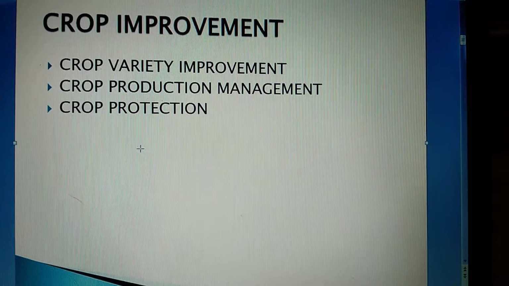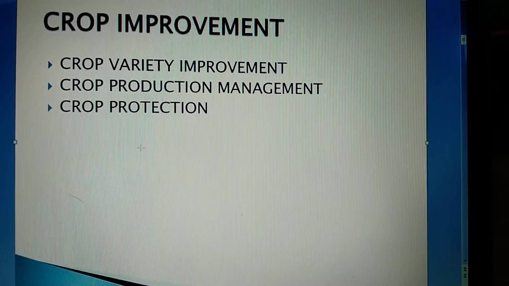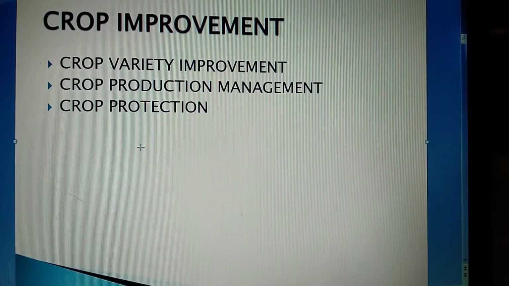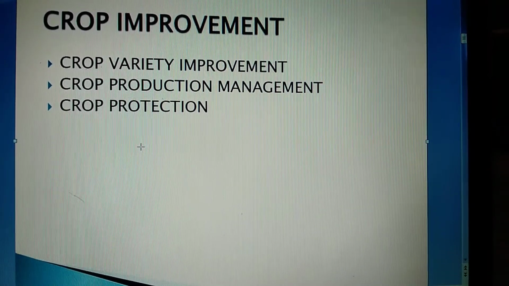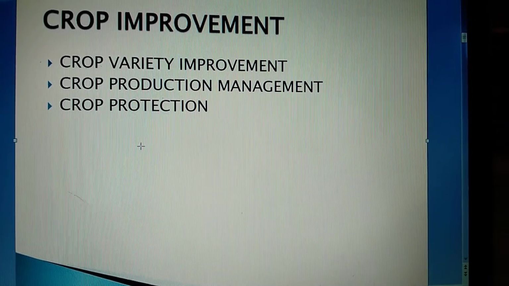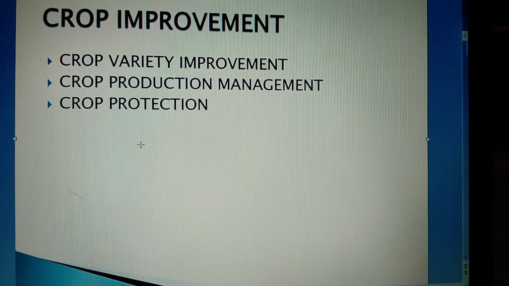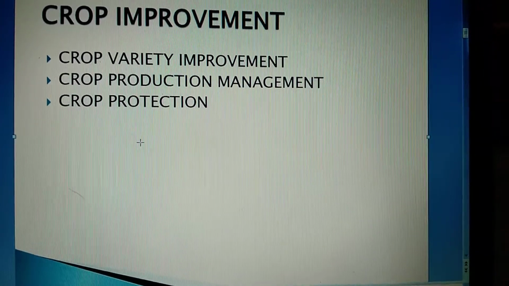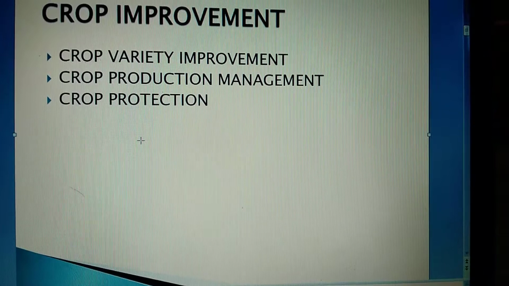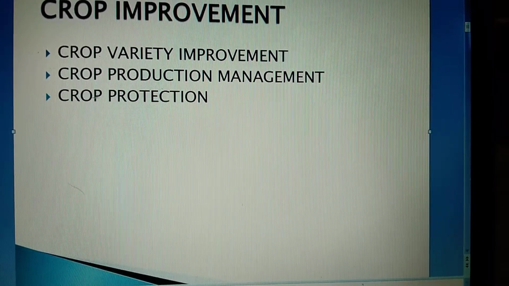After studying the types of crops, since the chapter involves the discussion of improvement in food resources, the crops are improved in a variety of ways. So we will be discussing the following three topics.